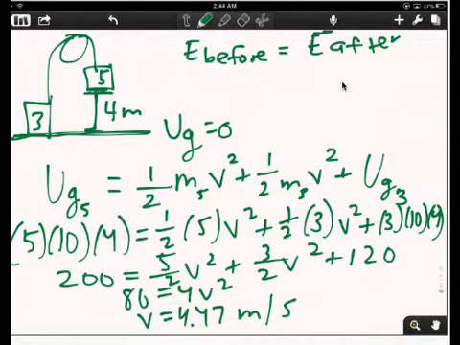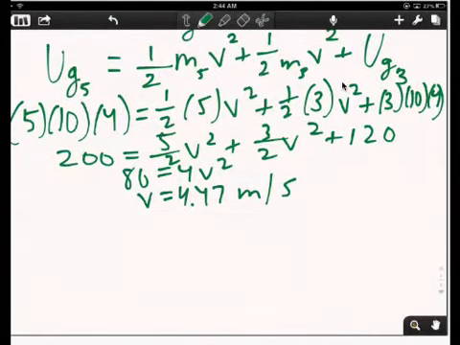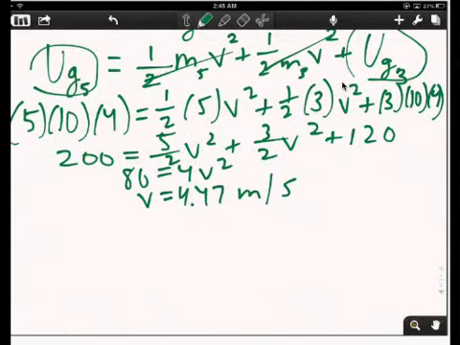Now the question also asks for the maximum height. The maximum height is going to be if they're both not moving. So you eliminate both of these terms and just know that your initial potential turns all into your final potential. It all gets converted into just potential energy.